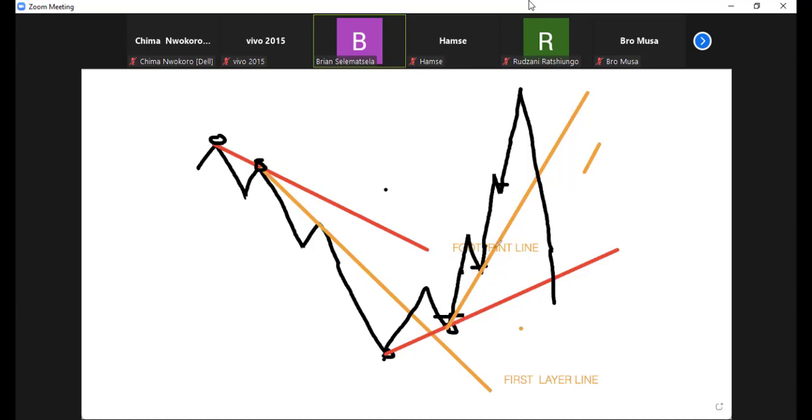So in order to avoid situations like this, there are lines that we draw, like the first layer line, this one, which will be the one that informs us when the market is going in the opposite direction.